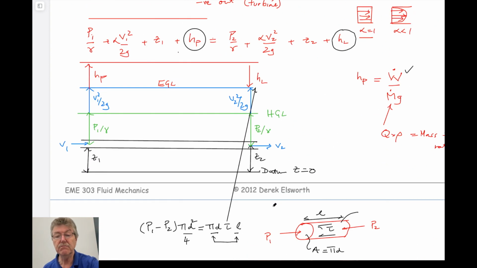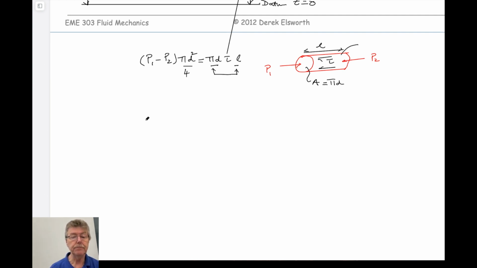And I guess we'll see when we talk about pipe flows, in week 10 and 11, with flow within here, we have to worry about the friction losses. And these frictional losses are what we'll refer to as H sub L.